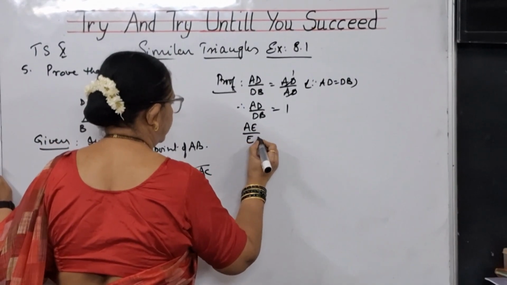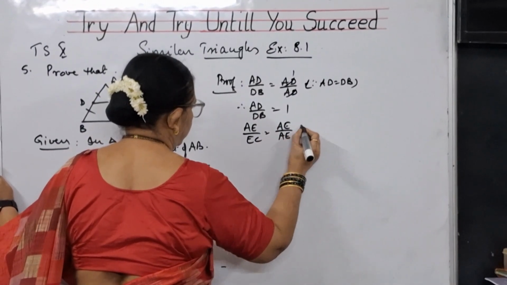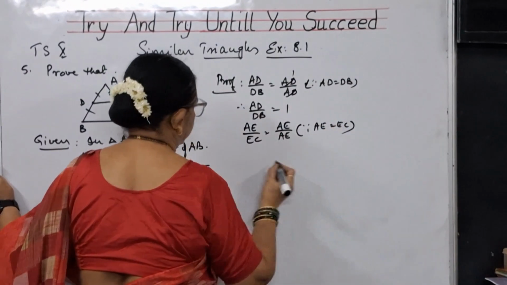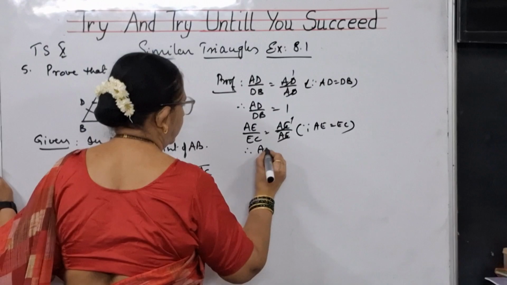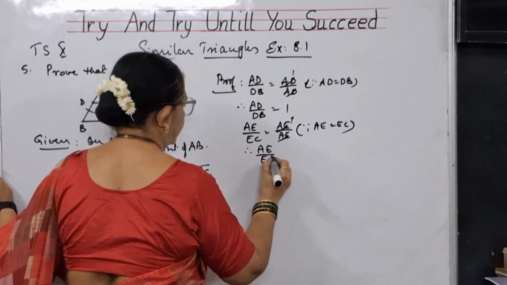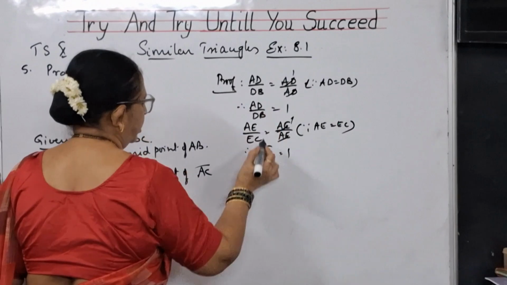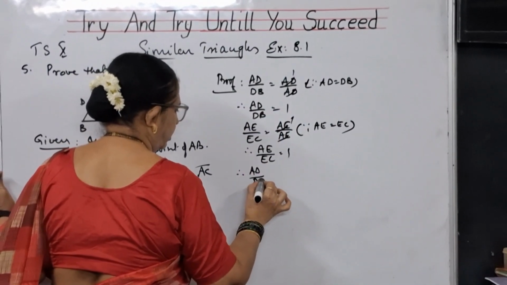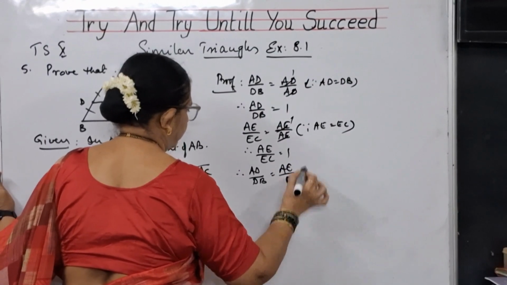AE by EC is equal to AE by AE, because AE is equal to EC. This is also 1. Therefore, AE by EC is equal to 1. See, when RHS are same, LHS will be equal. Therefore, AD by DB is equal to AE by EC.